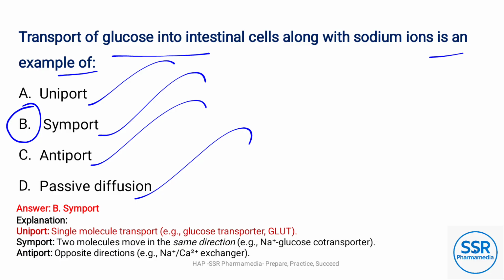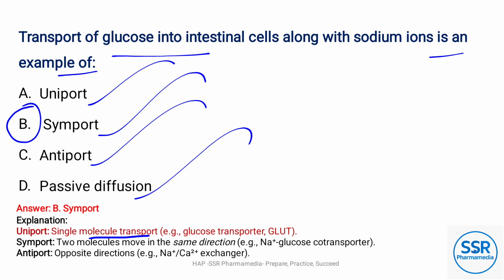Uniport means single molecule transport, for example the glucose transporter. Symport means two molecules move in the same direction, like the sodium-glucose co-transporter. So it is called symport.